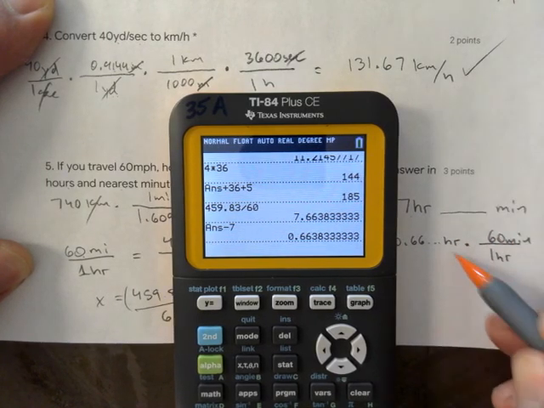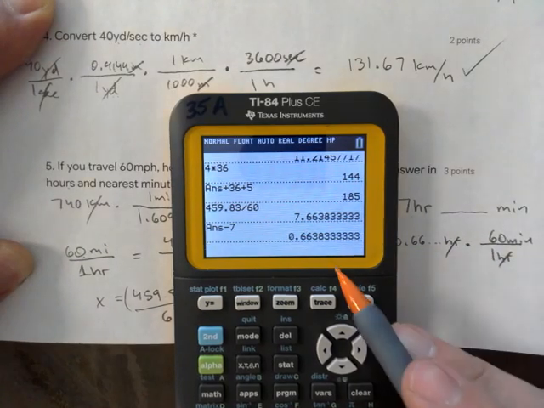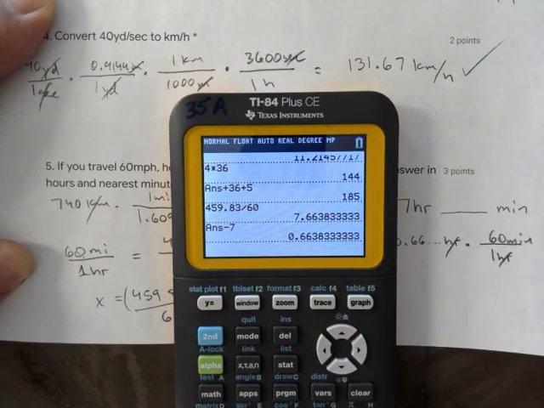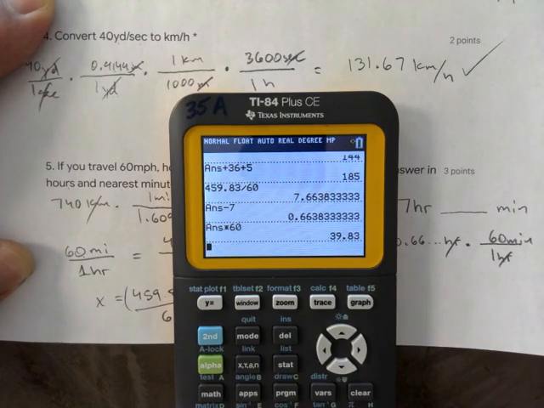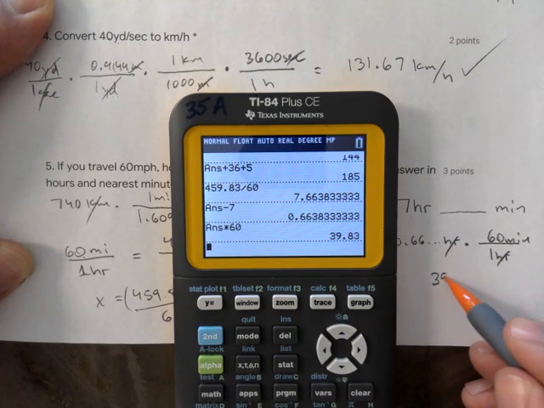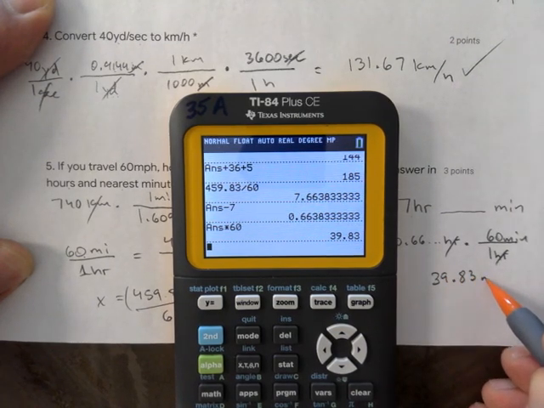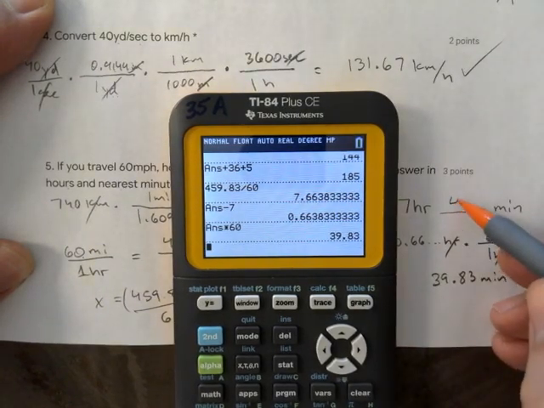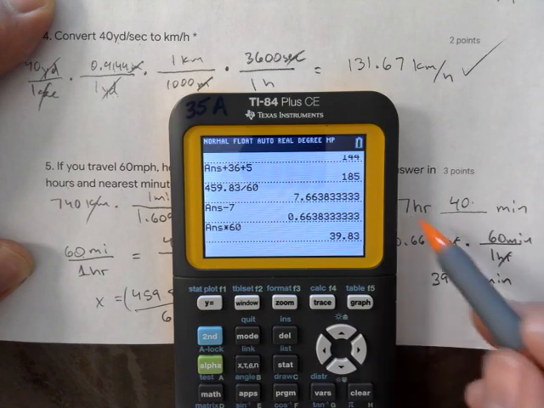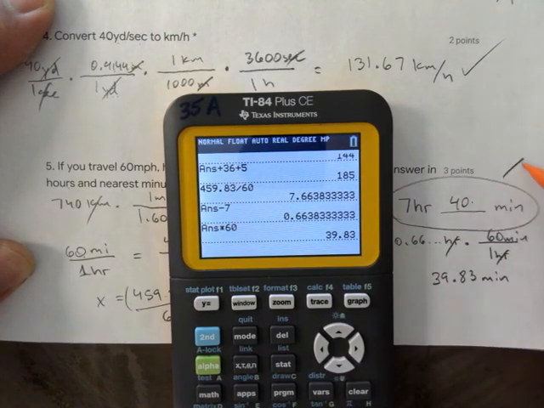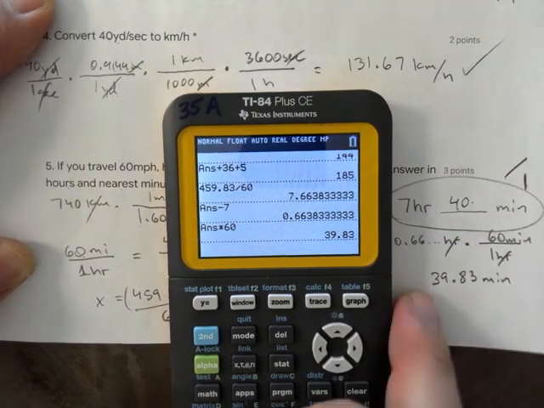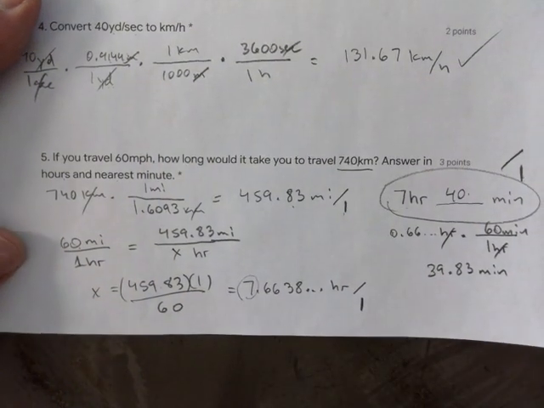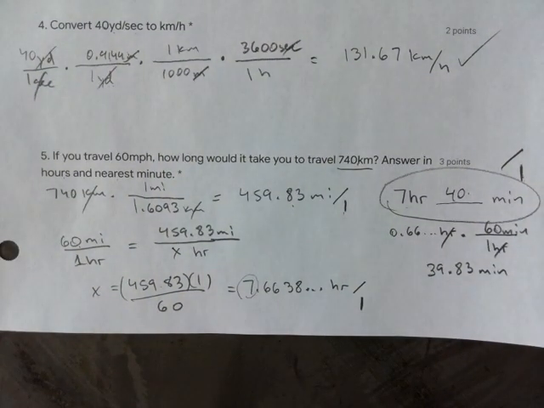So you essentially multiply what's remaining by 60, which is 39.83 minutes. You would round that to the nearest minute, which would be 40 minutes. That would be another mark if you get that right. So 7 hours and 40 minutes.